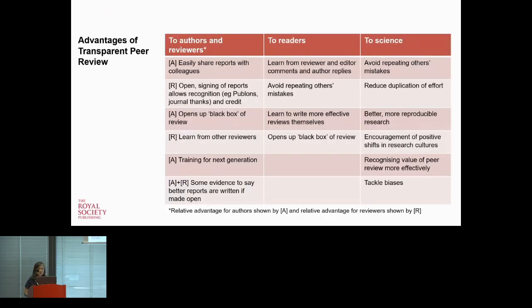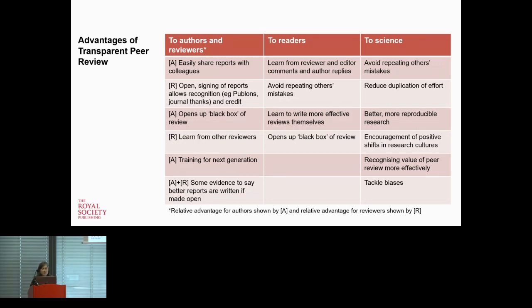And there are some key advantages of transparent peer review, which are shown on this slide. The relative advantage for authors is denoted by an A. The relative advantage for reviewers is denoted by an R. And there are also, again, advantages for readers and the scientific enterprise as a whole.